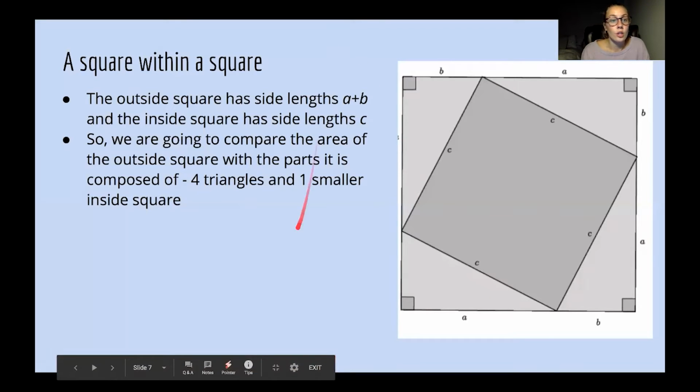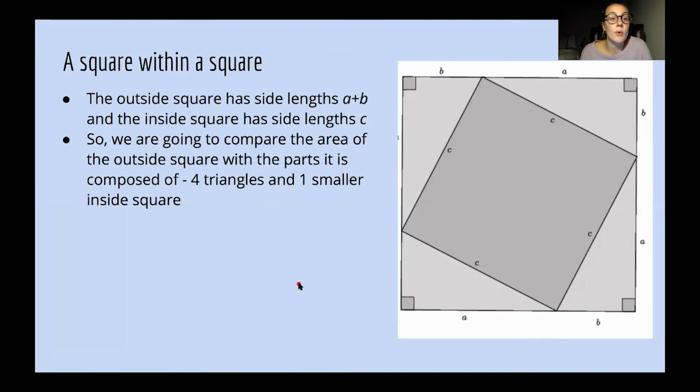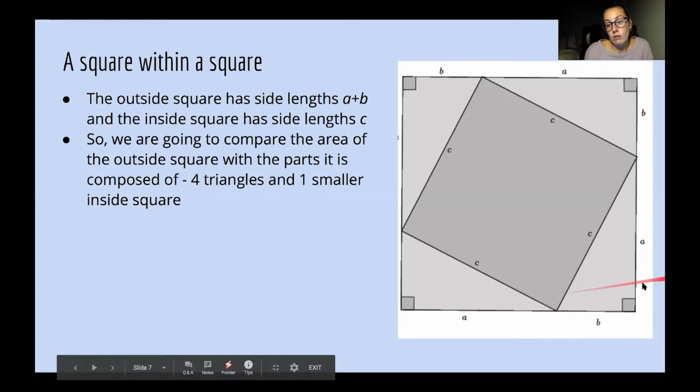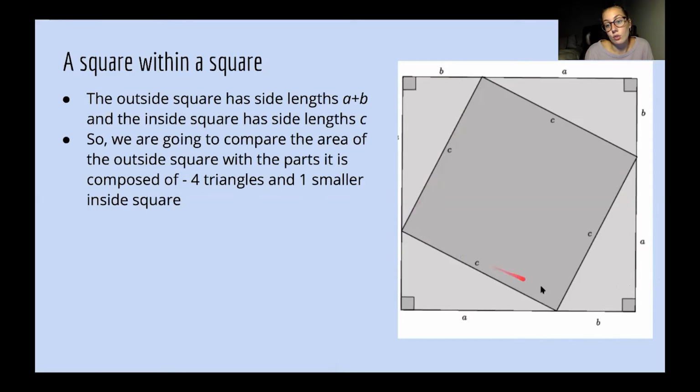Okay, so this problem is called a square within a square. So we have a big square, and then we have a little square. The outside square has the side lengths A plus B, and the inside square has side lengths C. So this one's easy.